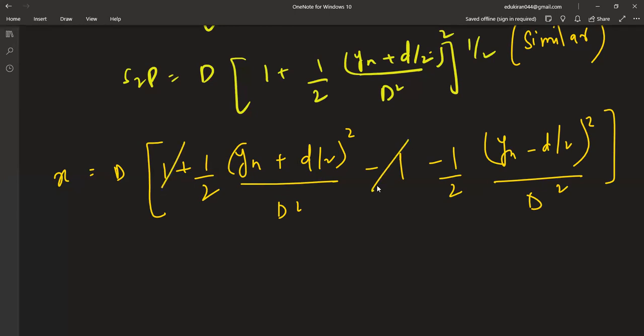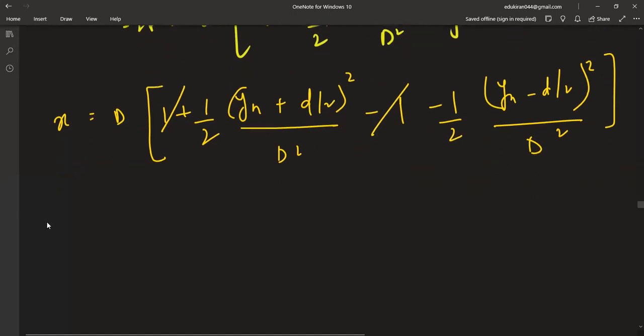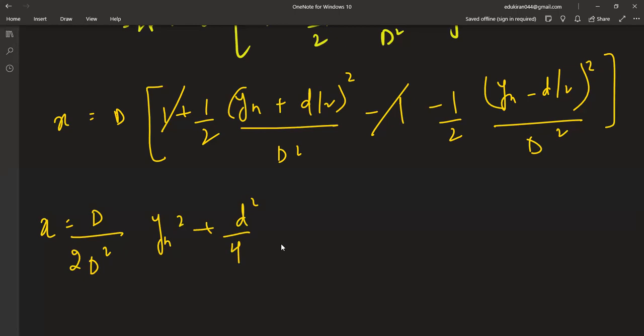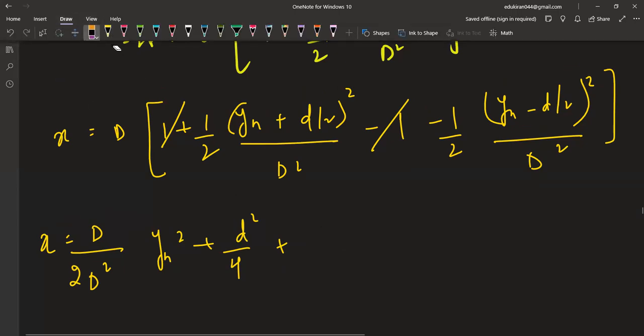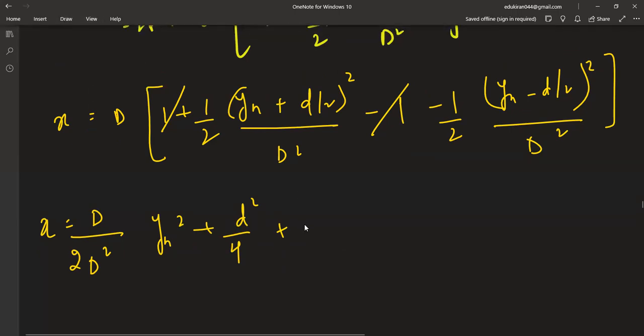1 will be cancelled. Let's do one thing. Let's open these brackets. a plus b whole square. Let's open these brackets. x is equal to d by 2D square. So this is yn square plus d square by 4 plus 2ab. We write a square plus b square plus 2ab.